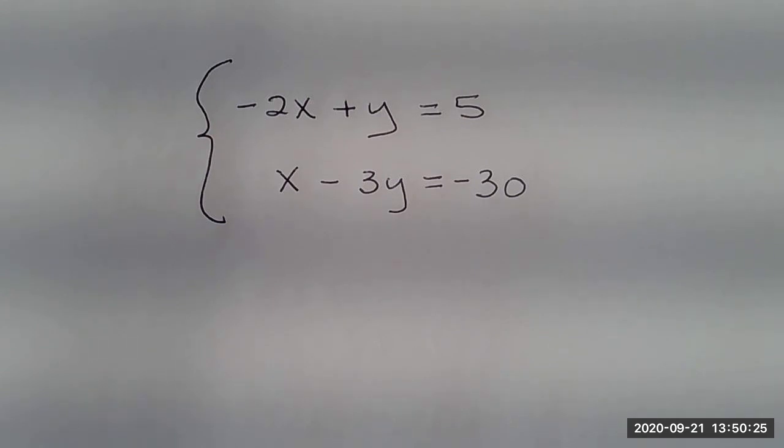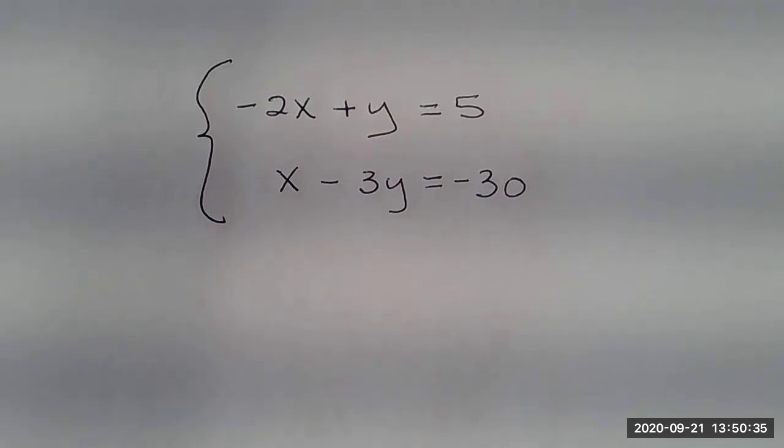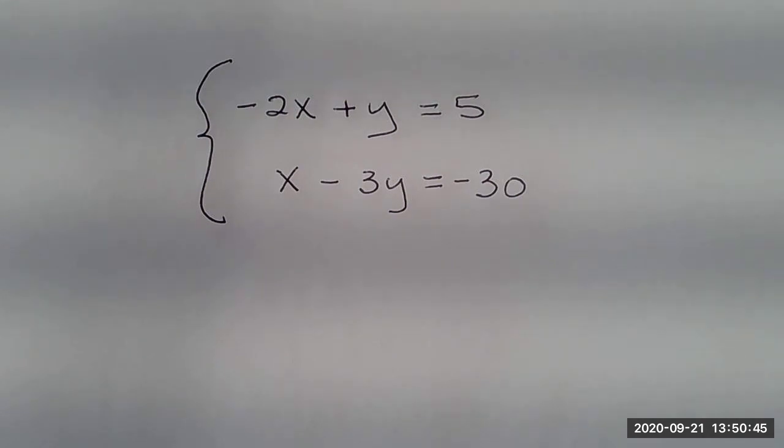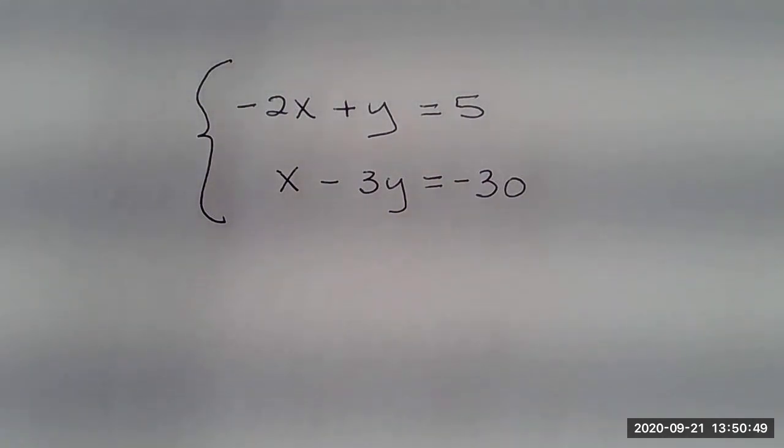So here's a system of equations that you can use to check your understanding. You have two equations, both written in standard form, and I'm going to suggest that you use substitution. At present, there's no equation that's written in terms of just a single variable, x or y.